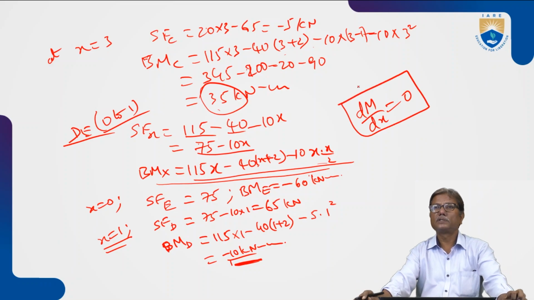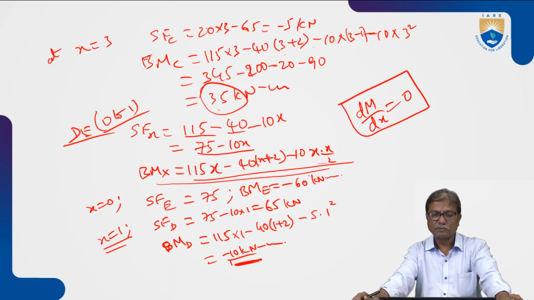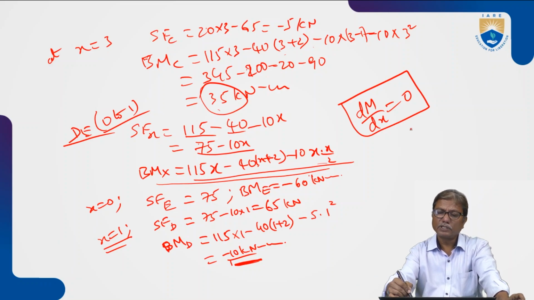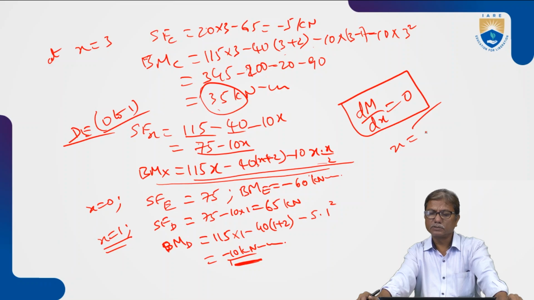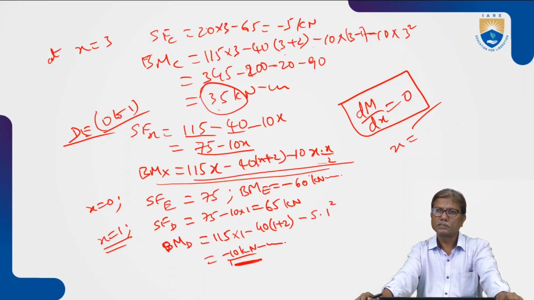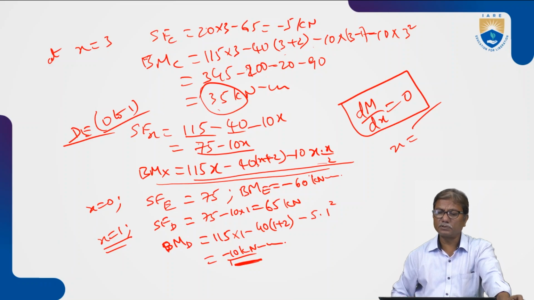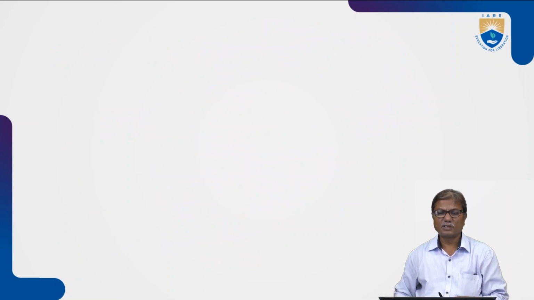This is the condition for maximum or minimum bending moment. By equating dM by dx to 0, we will get the x value where bending moment is maximum. That we'll see later, for one more example. For now, let us stop at this point.